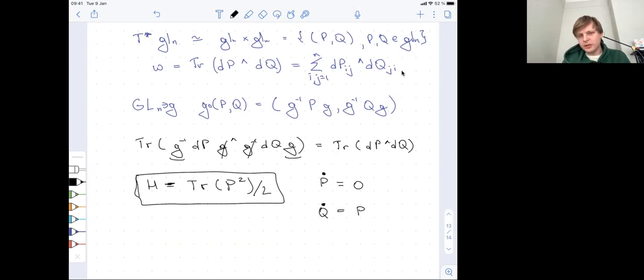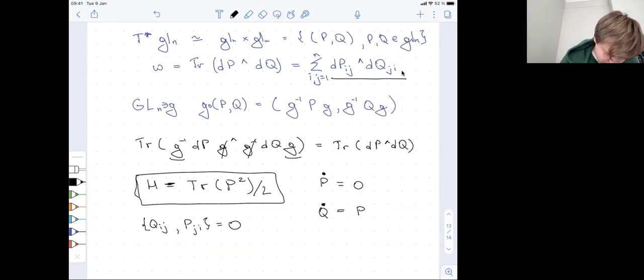Yeah, because you can easily check it in the coordinates, right? Because each Q_ij has non-trivial bracket only with P_ji. It gives you, sorry, not 0 but 1, right?